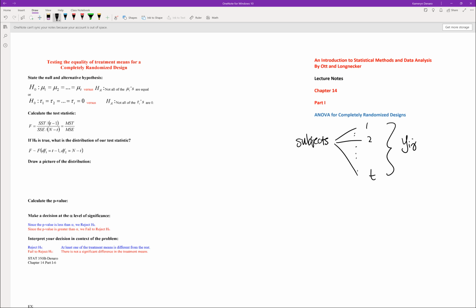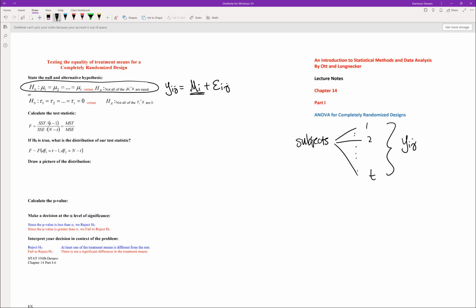So if you wrote out the model Yij equals mu i plus epsilon ij, you have the true mean for each of your t treatments. Then you could write your null and alternative hypotheses as I have in this first line.